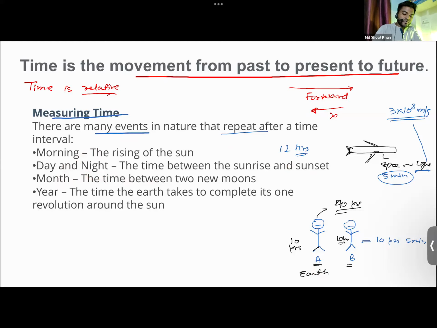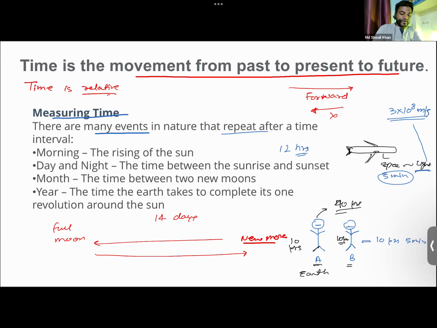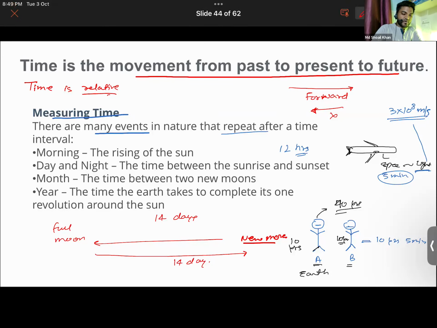From the new moon you go to the full moon, which takes almost 14 days, and then back from the full moon to the new moon takes again 14 days. So that is almost equivalent to the number of days in a month, that is 30, almost.